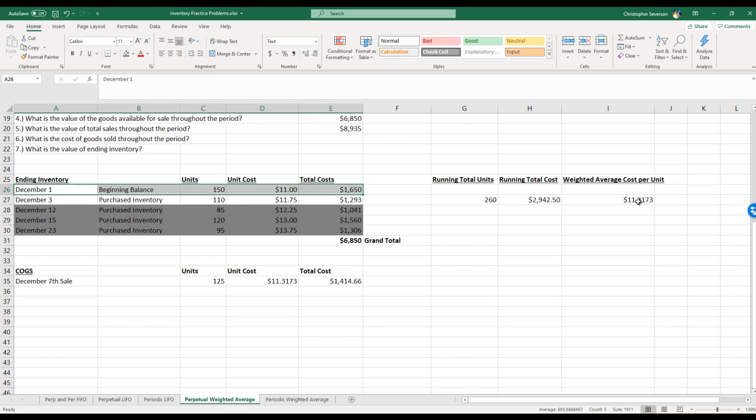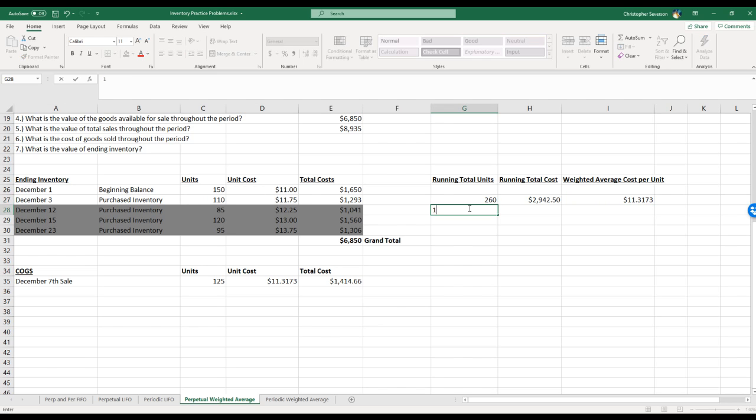Well, we need to remember that we have $11.3173. We had 260 units, we're taking away 125, so we basically have 135 units at $11.3173. That's the information we need right now.